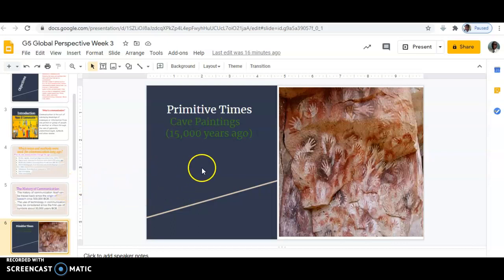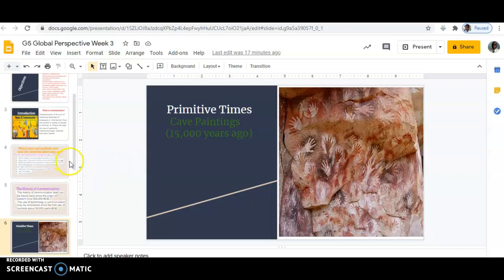When we look at the history of communication, we start with the most primitive times, when people did not know most of the things. So communication was done by cave paintings. You can see these are cave paintings. This was 15,000 years ago. You can see how the paintings look.